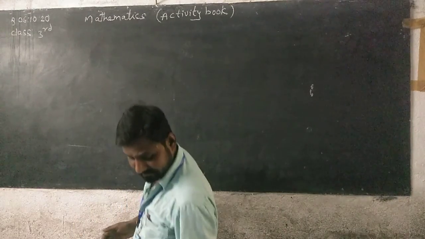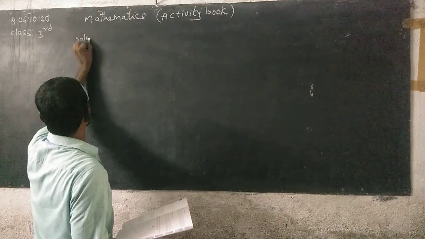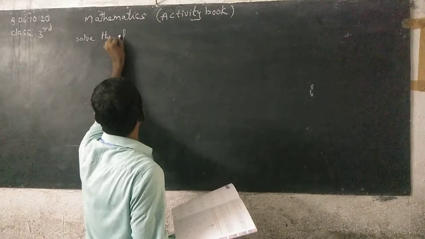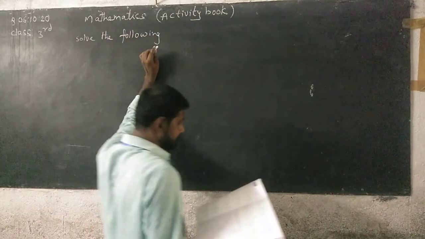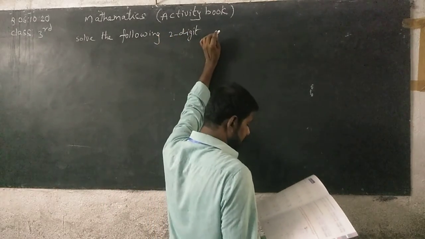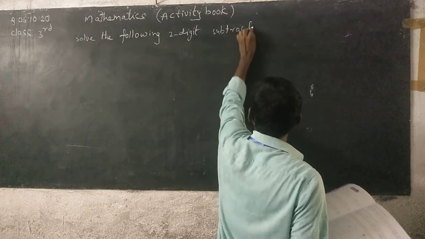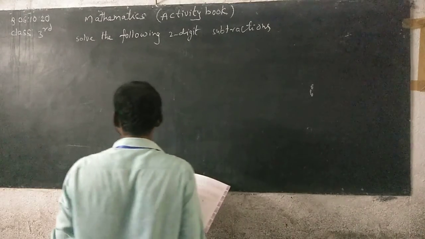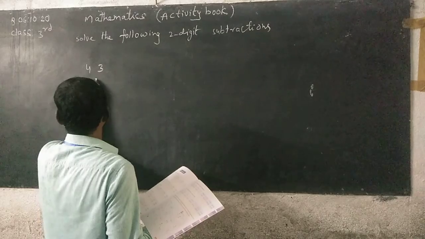See here, solve the following 2-digit subtractions. Now the first one is 43 minus 12.